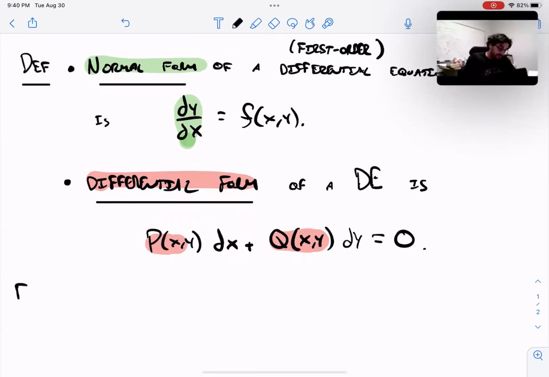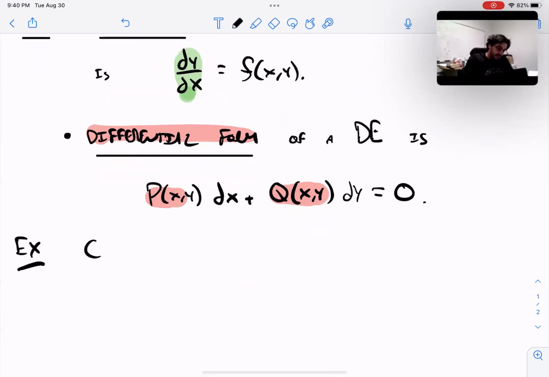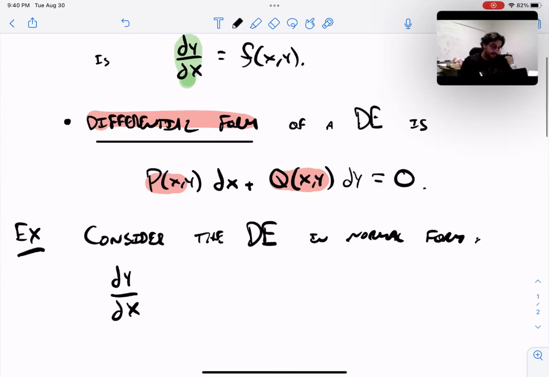For example, say you had a differential equation in normal form. I'll write one in normal form, and then I'll show how we can take it and rewrite it in differential form.